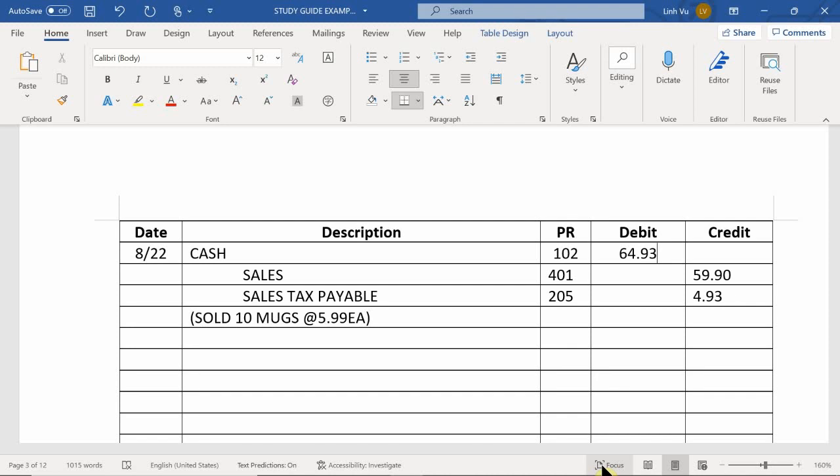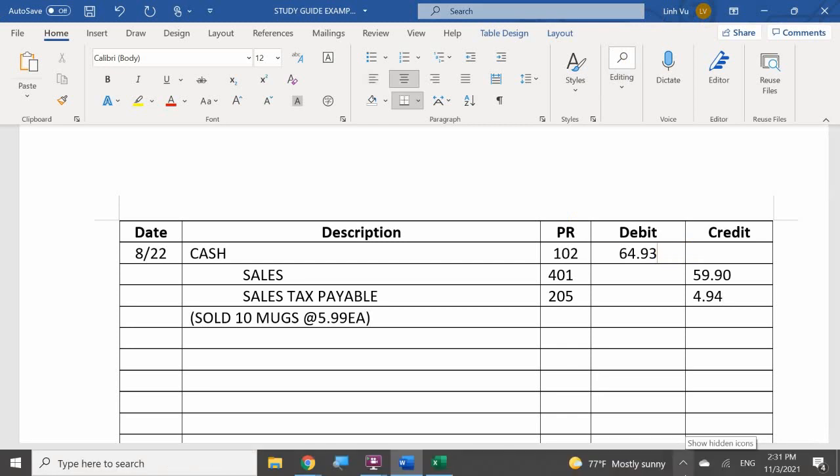What's the digit after the decimal? So it's 4.94175. It is 4.94175. 5990 times 0.0825.